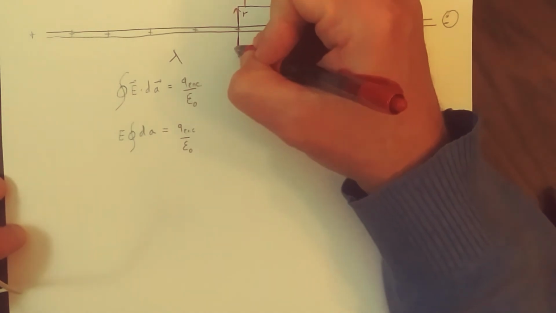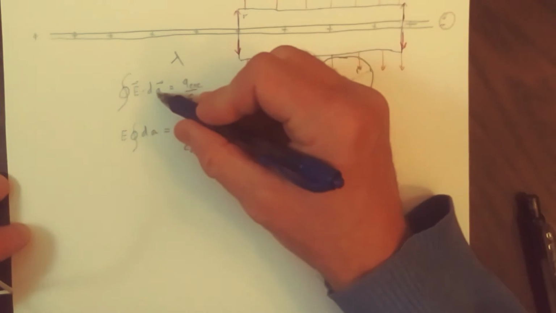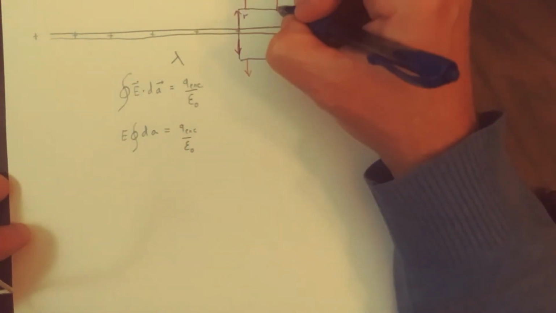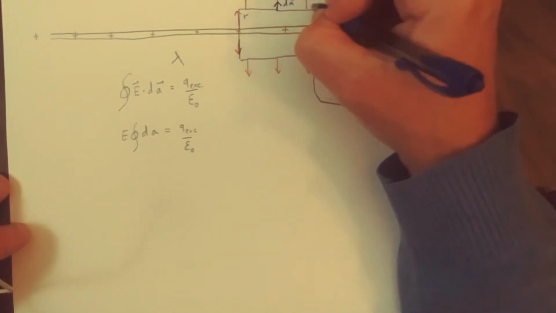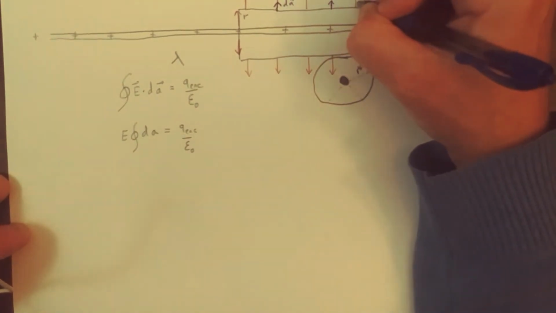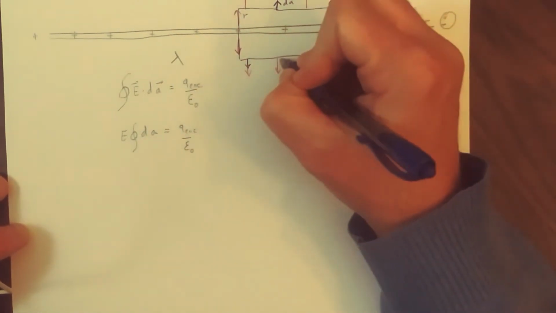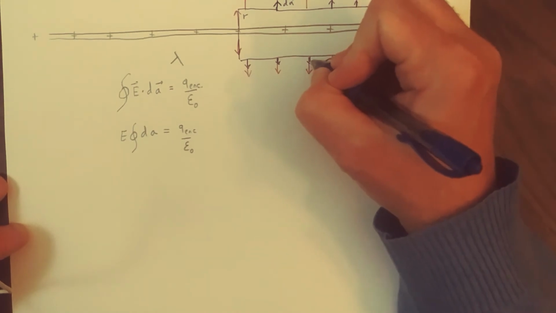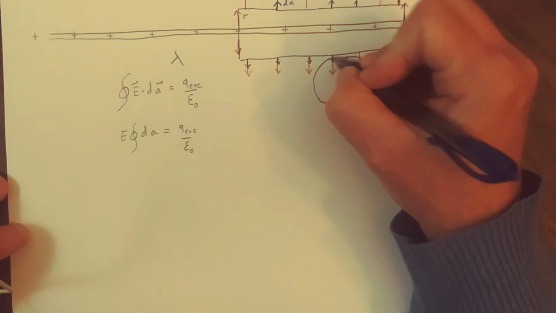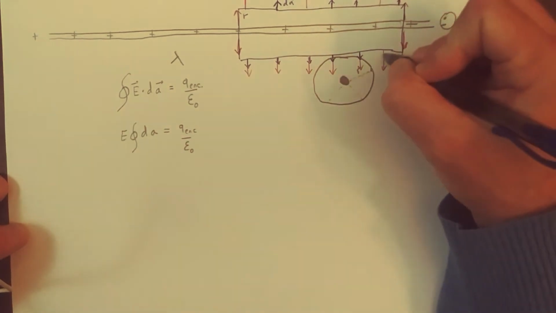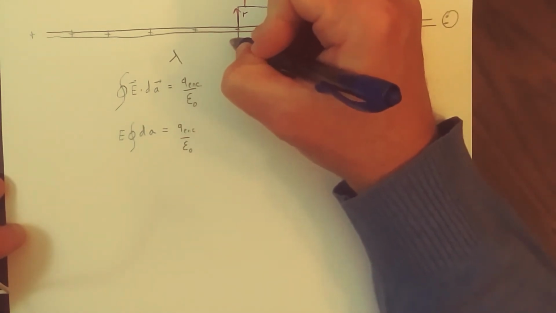And so when we do the dot product, let's just be complete here. We have the dAs, which are normal to the surface. The dAs here are pointing in the same direction as the electric field. Right, so I'll make a few dAs. These are normal to the surface. And here they're pointing that way. So we get a full contribution, E dot dA here. All the electric field goes through the surface, so to speak. But here, the dA is pointing this way, right?